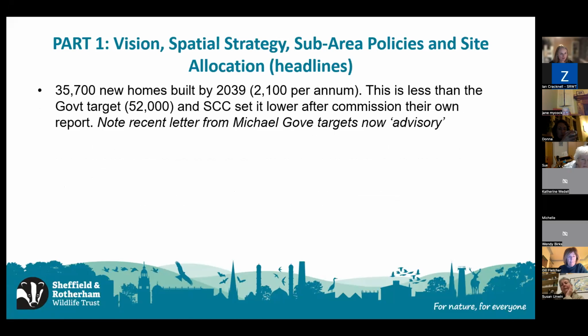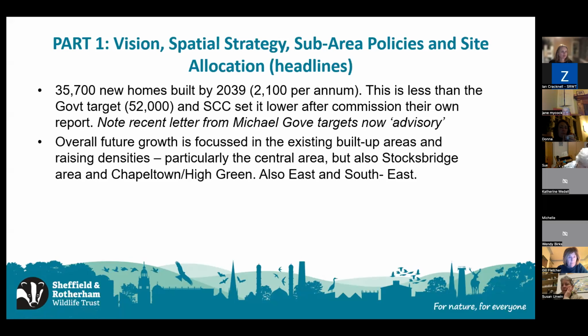But Sheffield actually commissioned their own piece of work and said, actually, we're going to really struggle with that, but we think we can deliver this number. And a letter to local planning authorities recently from Michael Gove has now said that those targets are more advisory. So I think we forget the 52,000, to be honest.